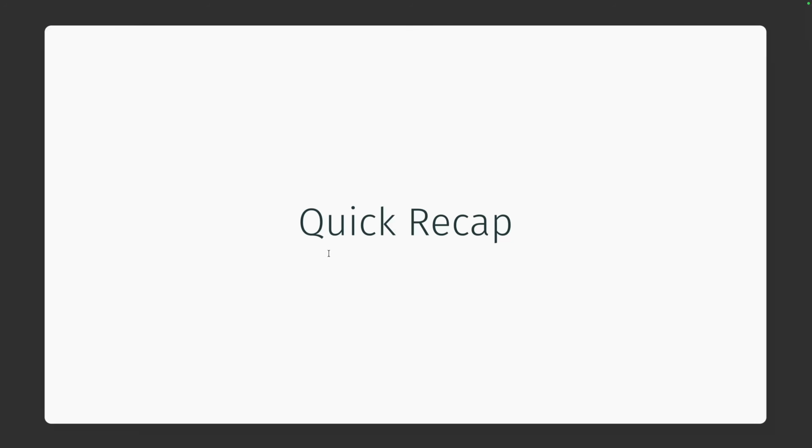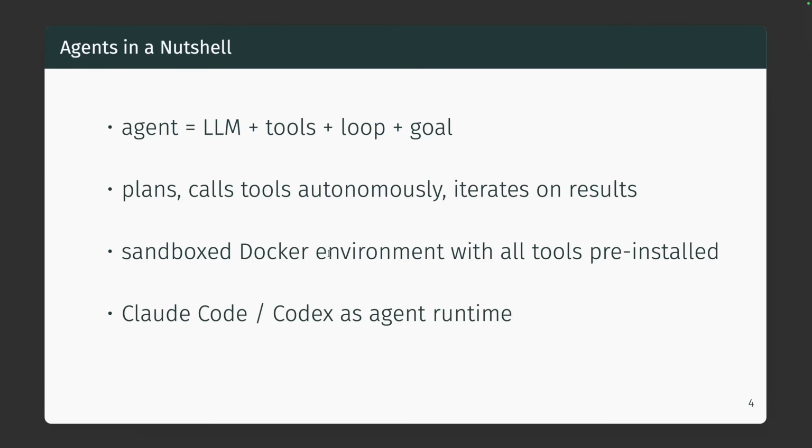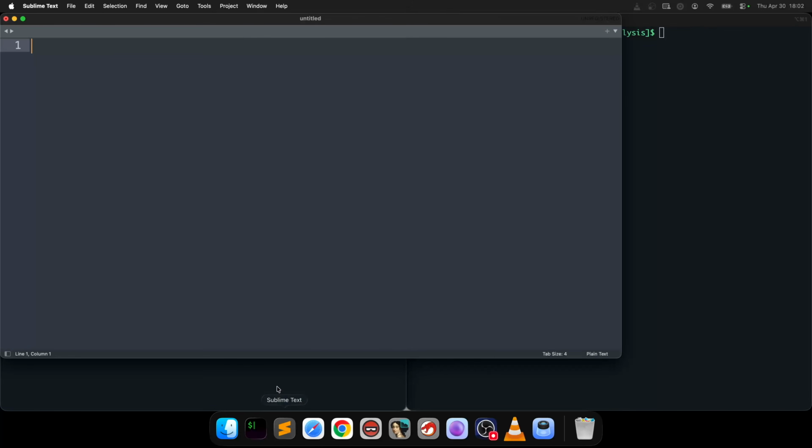So just a small recap. An agent is basically an LLM with access to tools in a loop. So we have something like Claude Code or Codex, and we use these in Docker environments, such that they have control over the entire environment without creating too much damage.